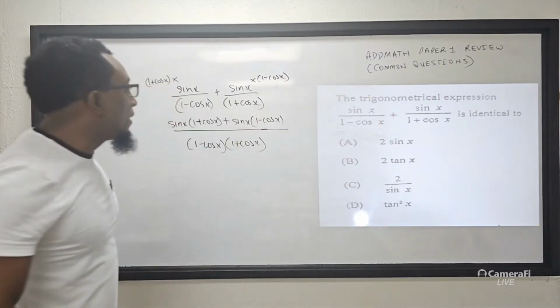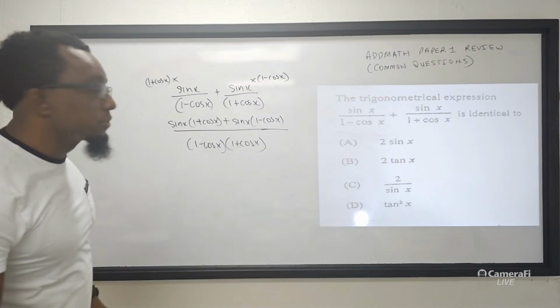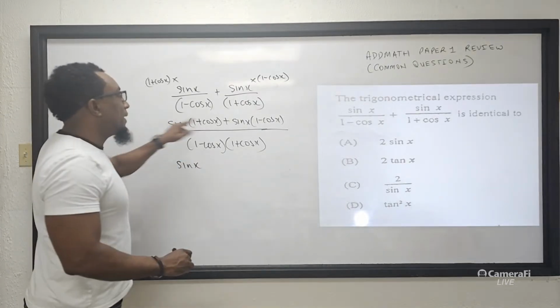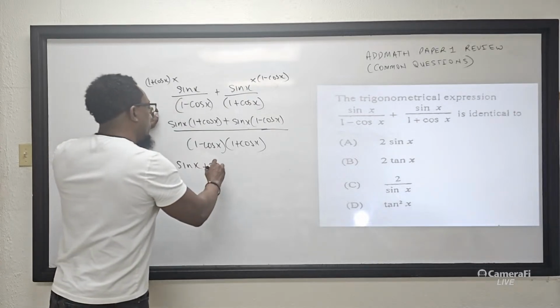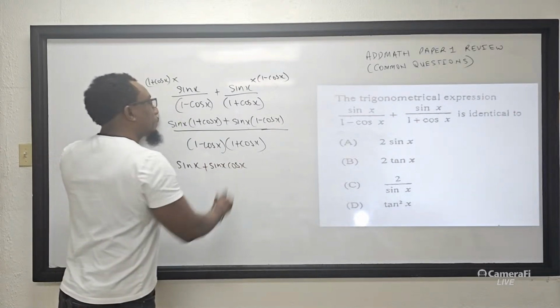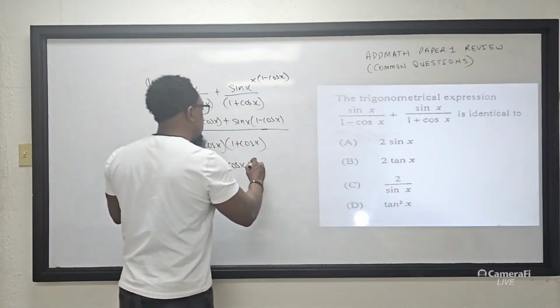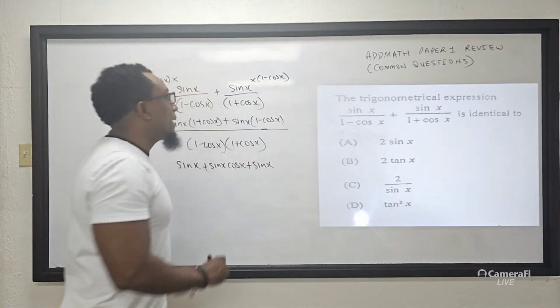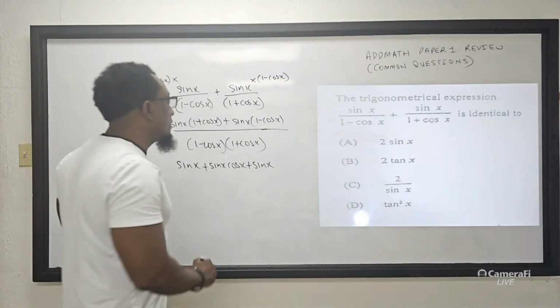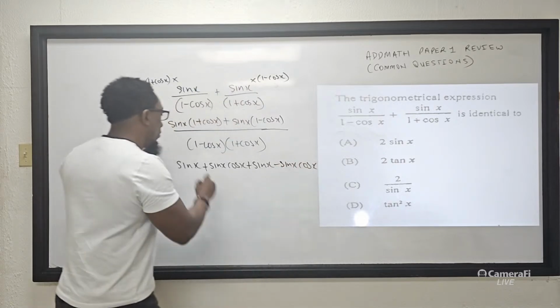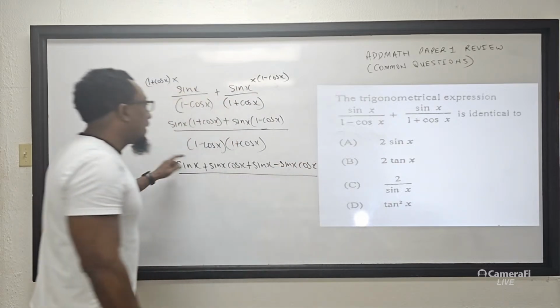Now I'm going to remove my brackets. Sin x by 1 is sin x. Sin x by plus cos x is plus sin x cos x. Then sin x by 1 is sin x, and sin x by negative cos x is negative sin x cos x, all over my LCM.